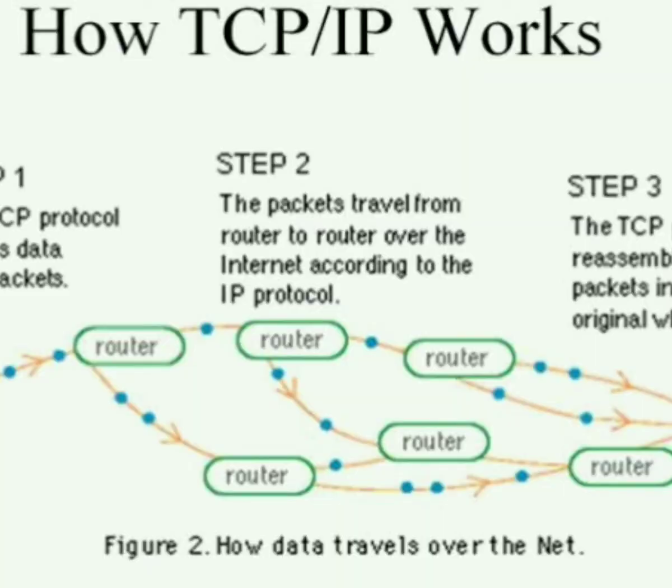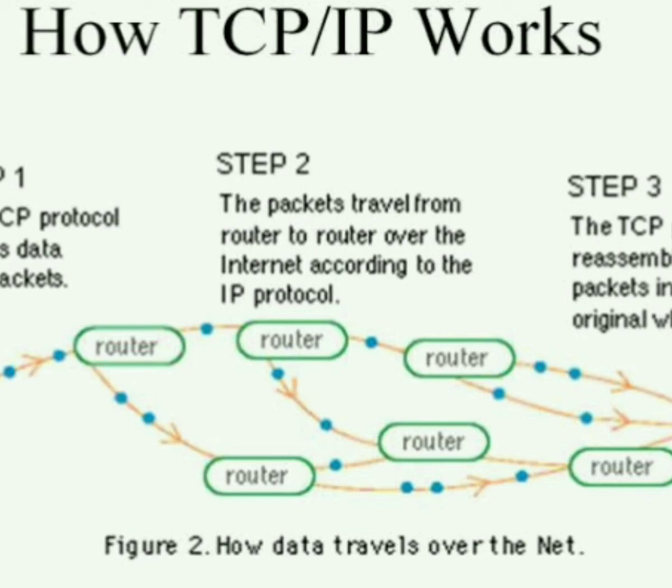See, the TCP first, what does it do? It does the job of breaking the data into packets, and then it transfers the packets from the router to the respective IP protocol. And the third step is the IP protocol. Once the message has been received by the recipient computer, the packets may not be in the correct order, how they have traveled from one computer to another, so it is going to arrange or reassemble the packets into the whole.